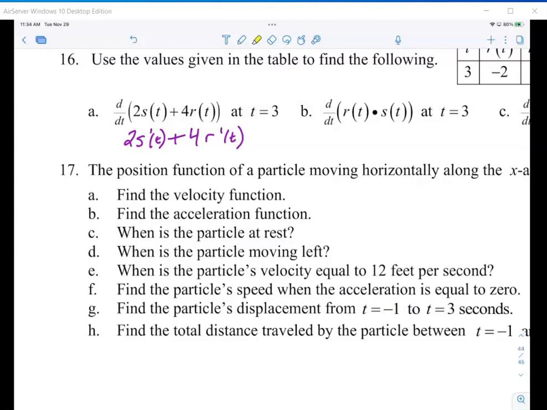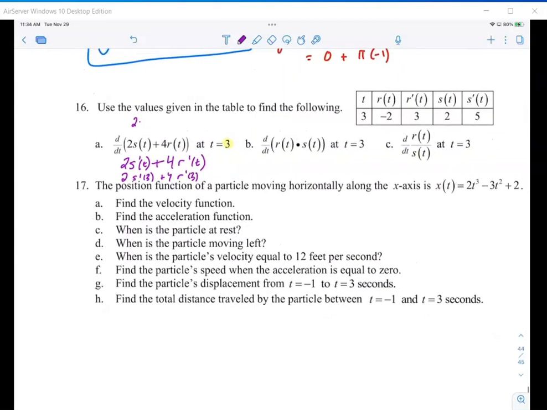Since I'm evaluating at t equals 3, I'm going to do 2 times s prime of 3 plus 4 times r prime of 3. S prime of 3, if I come over here, is 5. And then r prime of 3 is 3. So I end up getting 10 plus 12, which is 22. All right, that's how we do that one.